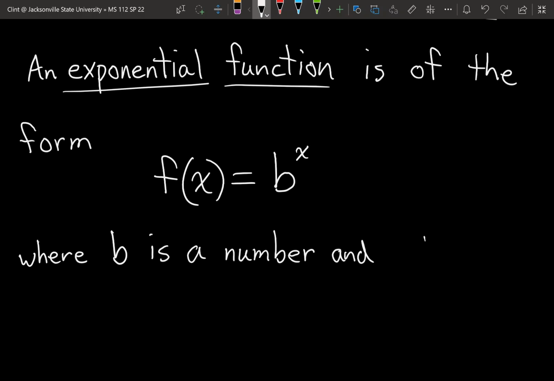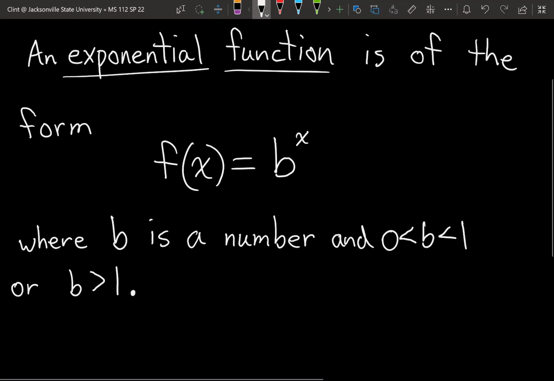And it's not just any number. We want it to be greater than 0, less than 1, or bigger than 1. Okay, so that might be a little confusing.